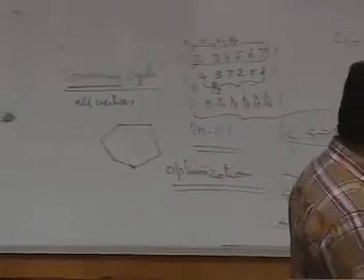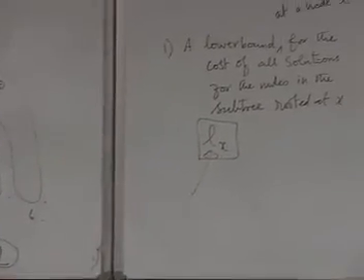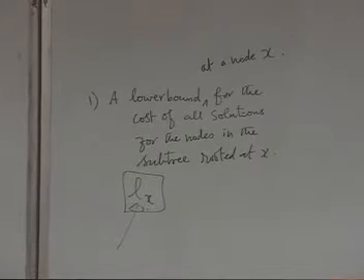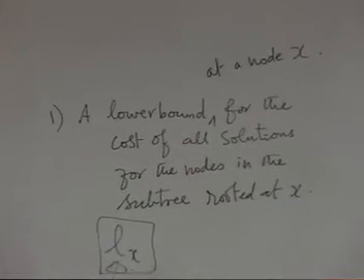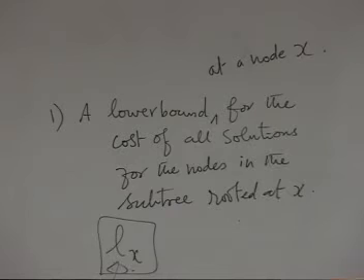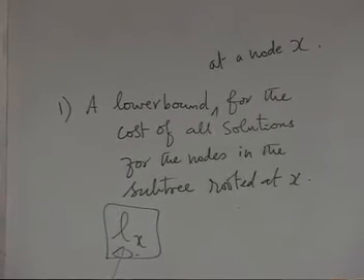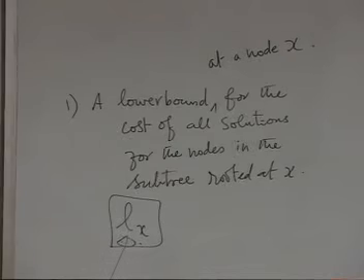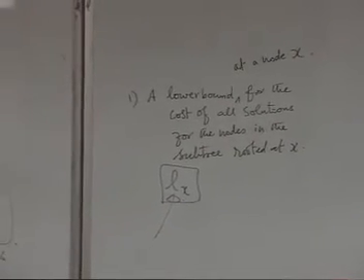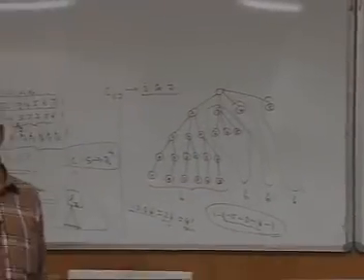Therefore, you have to come up with a very clever strategy of getting a tight lower bound, or as good a lower bound as possible. And this is where the quality of your solution also lies. What Lx says is that the minimum cost for all solutions in this subtree is not exactly this much, the lower bound is this much.